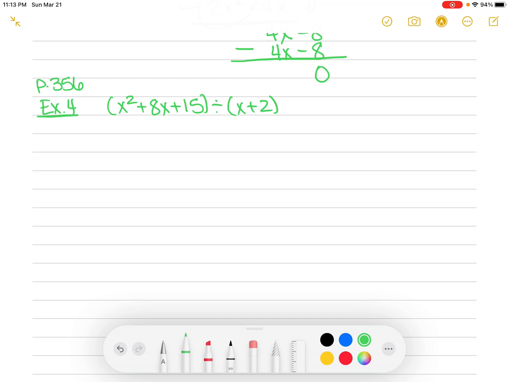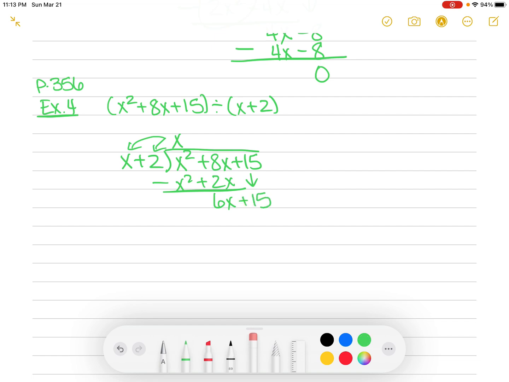Okay, so now that you're back, you should have written your division problem like this. You didn't have to put in any zeros, and now I'm going to divide. What do I have to multiply by to make it look like x squared? It's going to be an x. So x times x is x squared, and x times 2 is 2x. Subtract everything, and you get 6x.